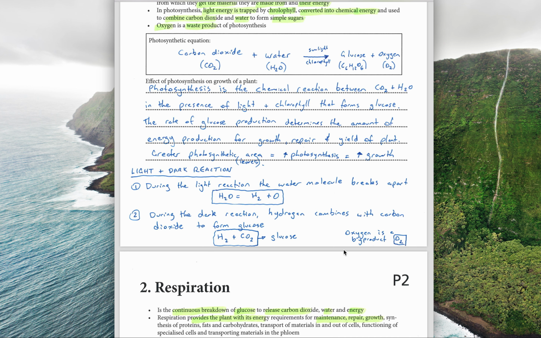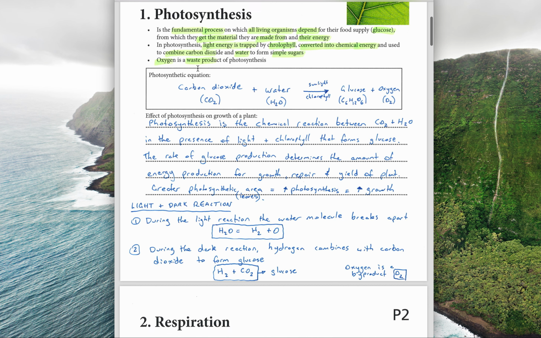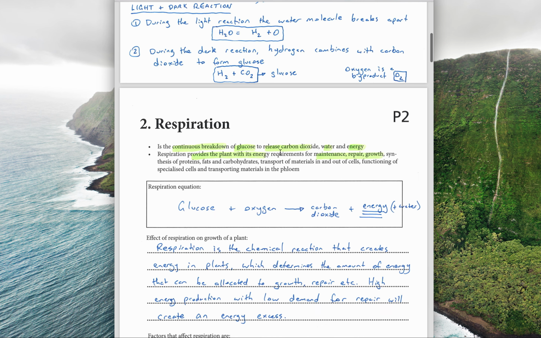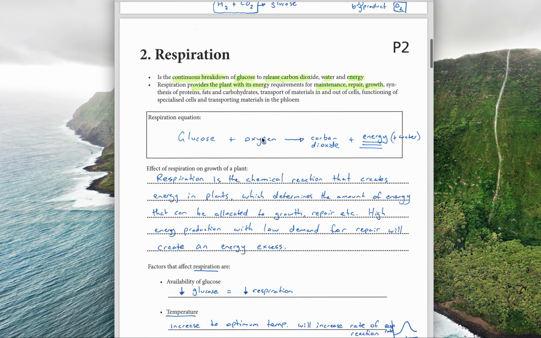And oxygen really is a byproduct, but it's basically the burning of the energy. So photosynthesis is the creation of the energy, and respiration is the burning of the energy in the body of the animal, the human, or the plant, for it to actually use that energy to live and to grow and to survive. So respiration is the continuous breakdown of glucose, and it releases carbon dioxide, water, and energy.